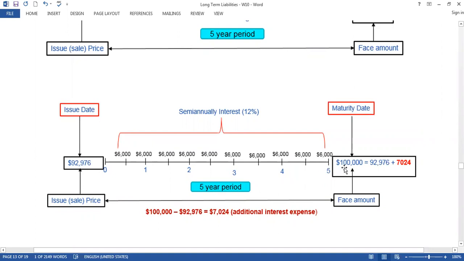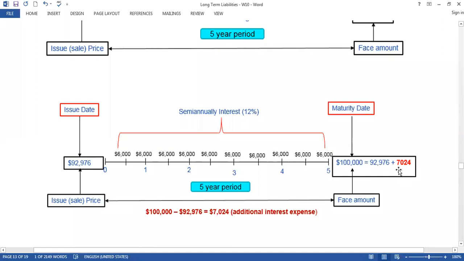But 5 years later, you are going to pay the face amount. That means you are going to pay 92,976 plus more money. You receive less money today, but you are going to pay $7,024 more.